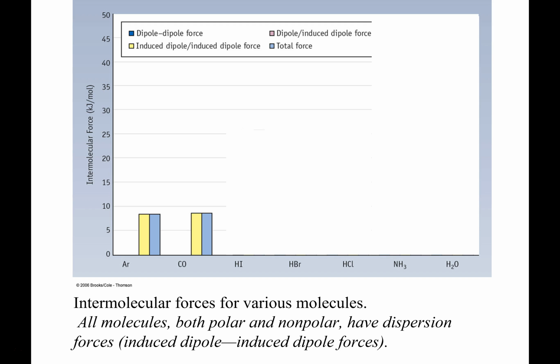Now, I don't like this because, should argon have any dipole? No, but there are 2 different colors of blue. This one is the net of all of your different types of intermolecular bonds. And this is your dispersion forces, or induced dipole. I wish they didn't have 2 different blues. Okay? So, yep, we don't have any dipole.